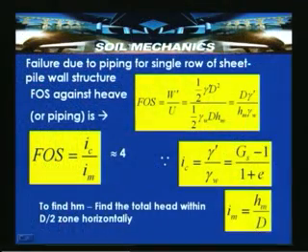So, to find Hm, that is H suffix m, find the total head within the d by 2 zone horizontally. One point to be noted. What we discussed in this slide is the factor of safety of a structure against heave or piping failure, which is W dash by U, given by d gamma dash by Hm gamma W. This gamma dash by gamma W can be written as Ic.